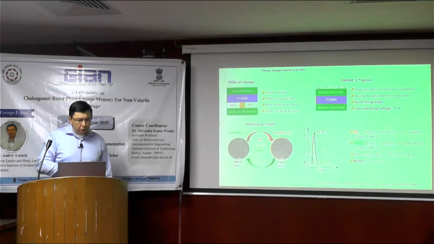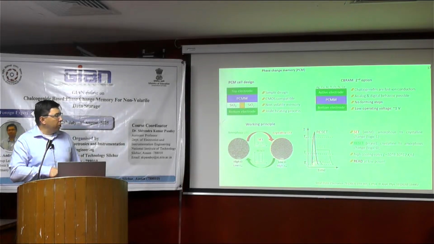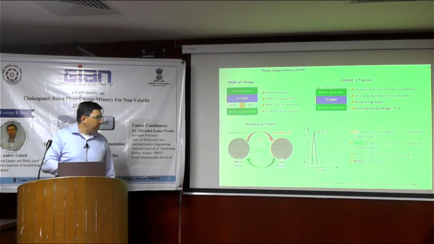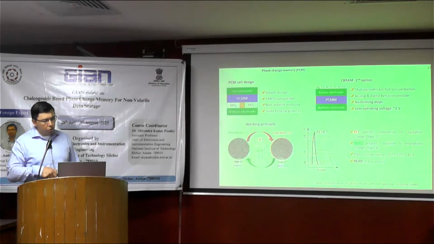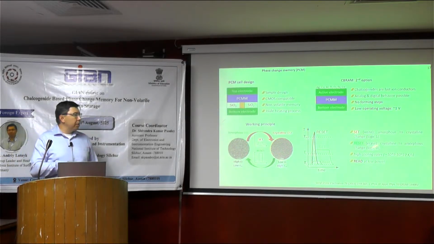For read operation, it's clear you need a pulse with really low voltage in order not to affect the states, set and reset states. So set operation, this is write. It's transition from amorphous to crystalline, and it calls logic state 1. Reset, this is erase.